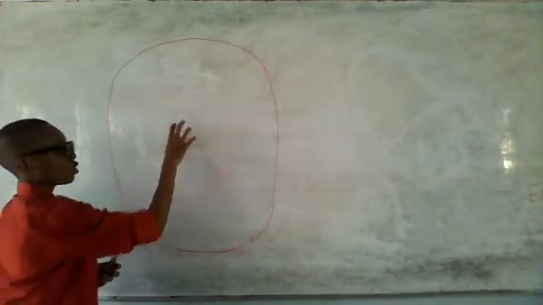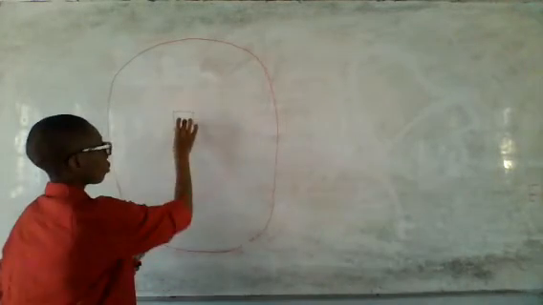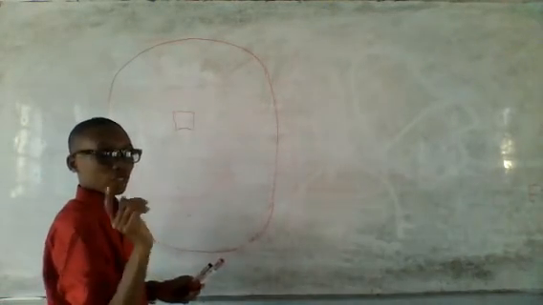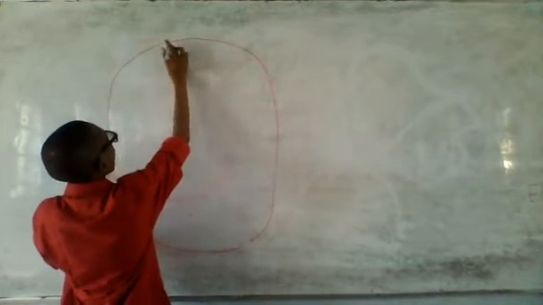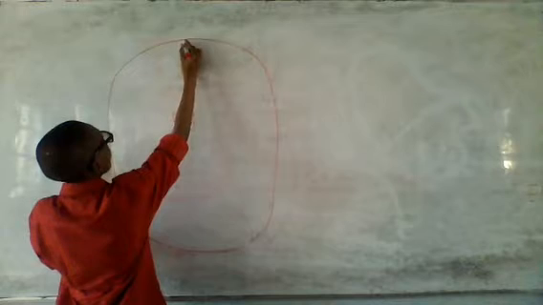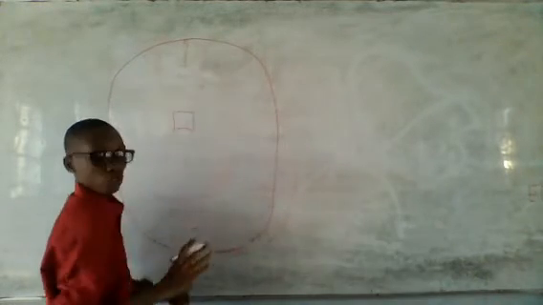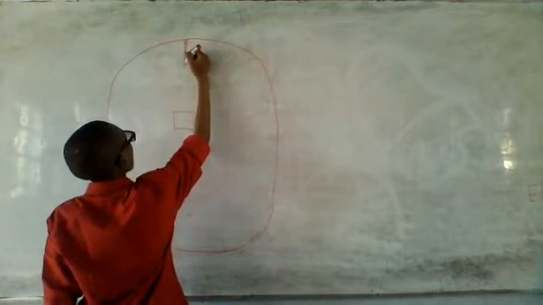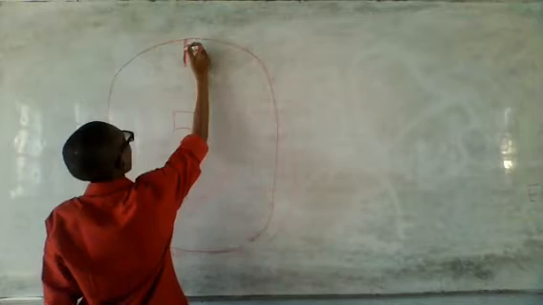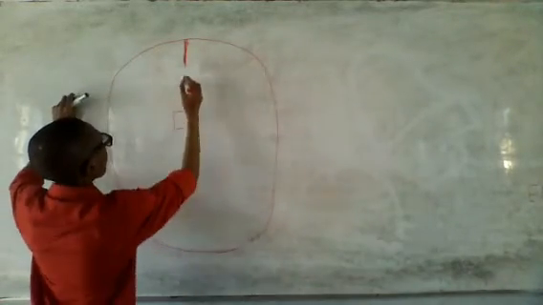This region is the hypophyseal fossa, but we are not discussing that now. We'll discuss that in the other lecture. So from here you have the frontal bone, and you have a projection running posteriorly, and it's called the frontal crest.